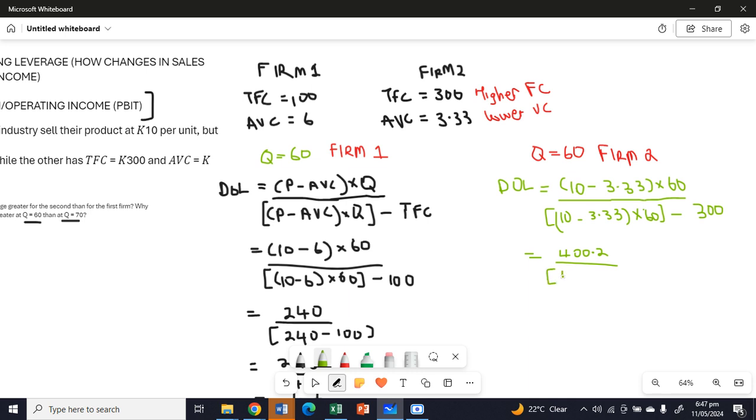Over 400.2 minus 300. What value do we get? 100.2.